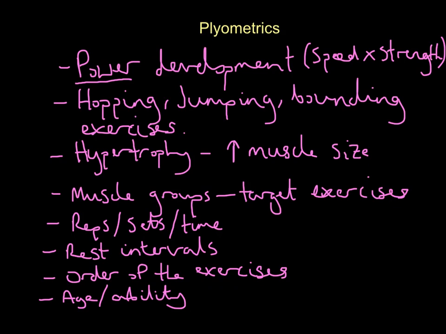High-level performers, put all leg exercises together. Beginners to plyometrics do an upper body, lower body, alternate them a little bit. And it's also dependent on age and ability. So a lot of the ways that you set up a circuit and a weight and a resistance program, you use to set up a plyometrics program as well. So they're the key things that I would be looking for if I was answering a question on these topics.